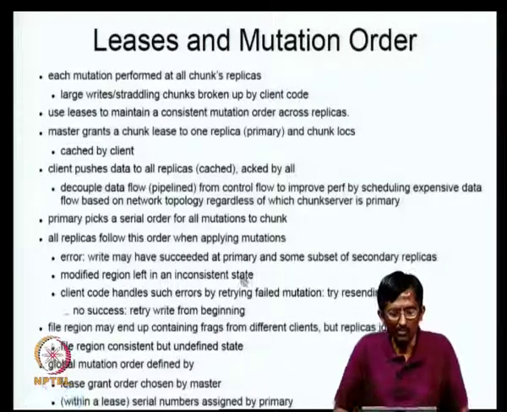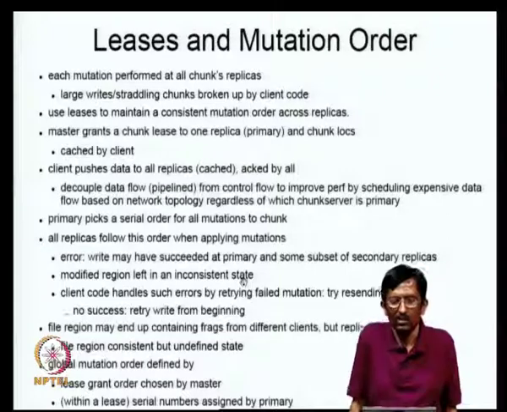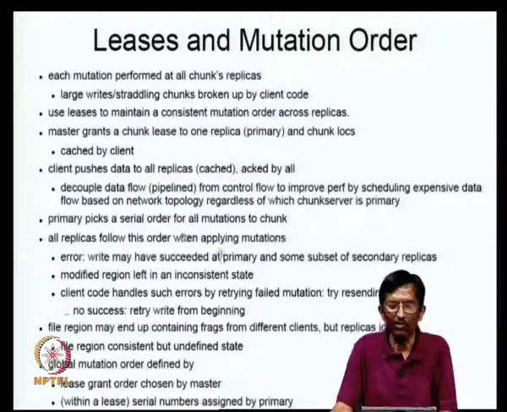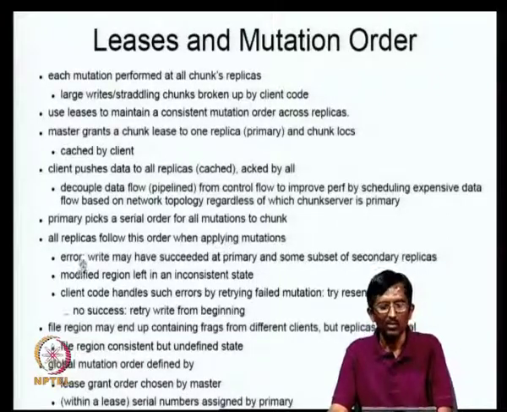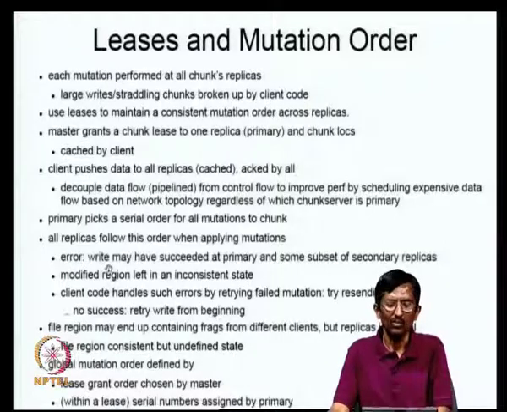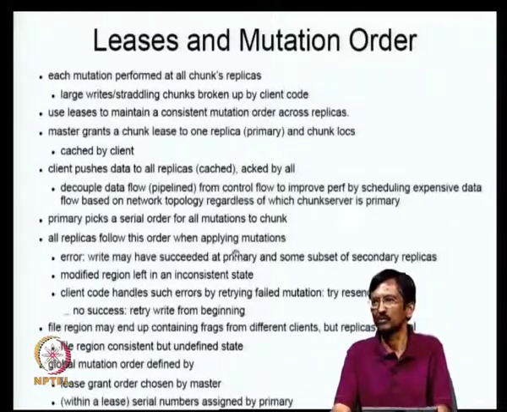So, all the replicas follow this order when applying mutations. There can be errors. Basically, a write may have succeeded at the primary and some subset of secondary replicas. If it does not succeed at the primary itself, the whole thing is off. That is the obvious case.